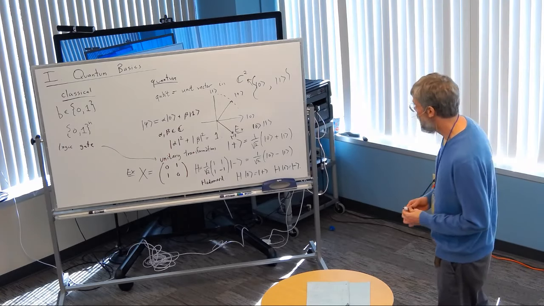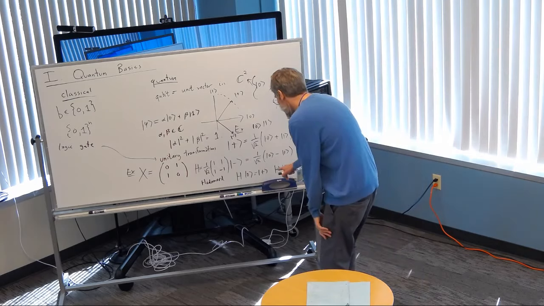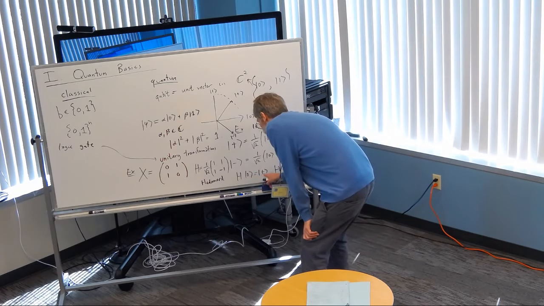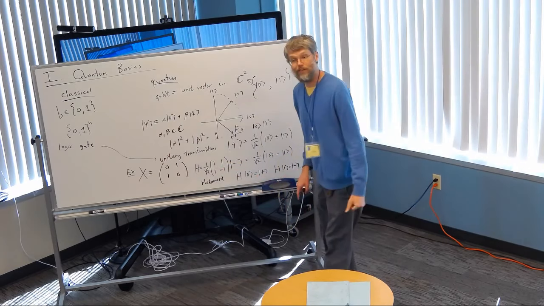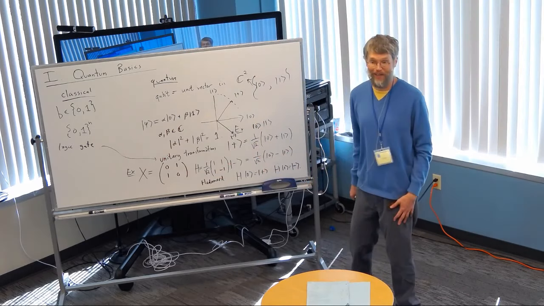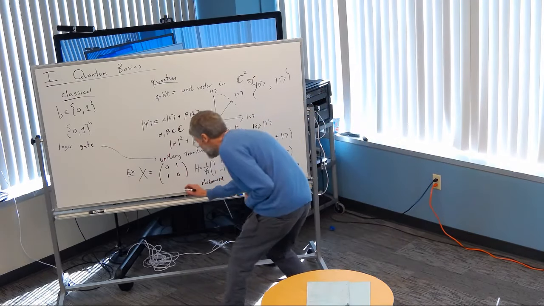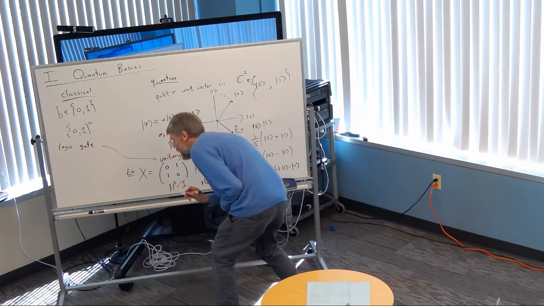Is H squared, or H with itself, equal to X? Well, let's see. If you do H of 0 and get plus, and then do H of plus, you're back to 0. You put a 1, 1 here, and you multiply, you get 1, 0. Yeah, it's self-inverse. That's an important property of H, that H squared is the identity. Yeah, that's right.